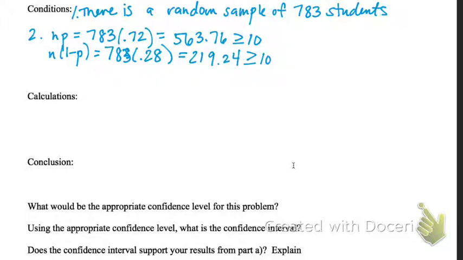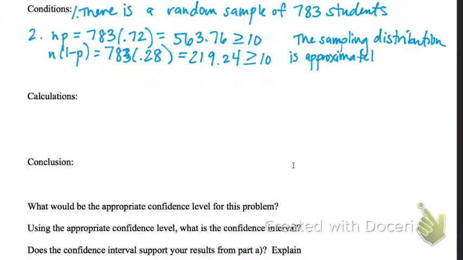The sampling distribution is approximately normal. Don't say it is normal. And then the third condition is what?